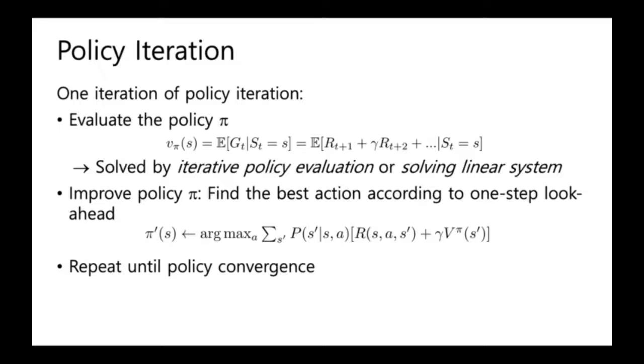In the first step, this equation can be solved by using a linear system of equations or policy evaluation similar to the value iteration method. The two steps are repeated until the policy converges.